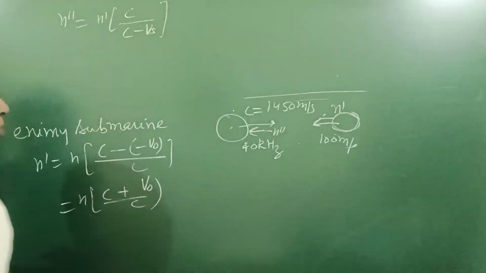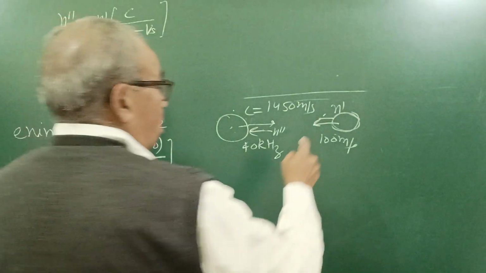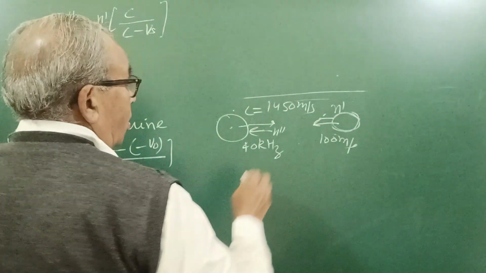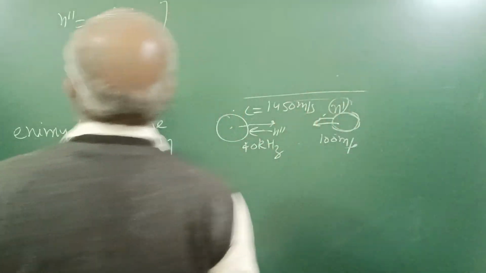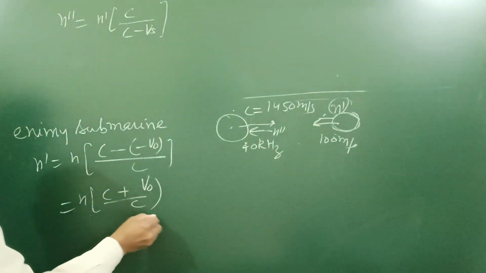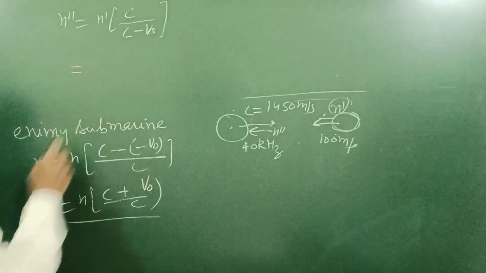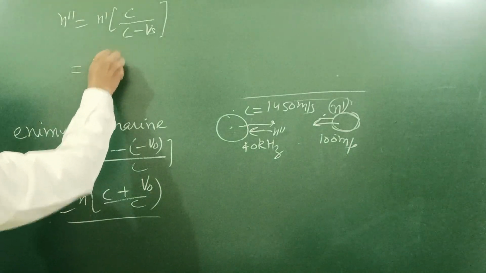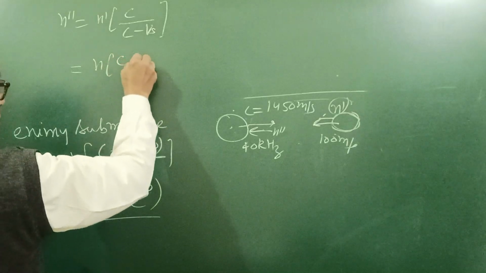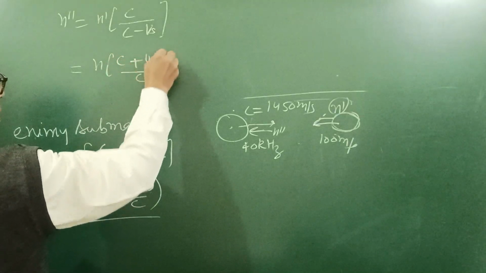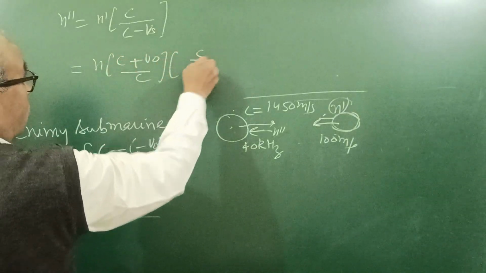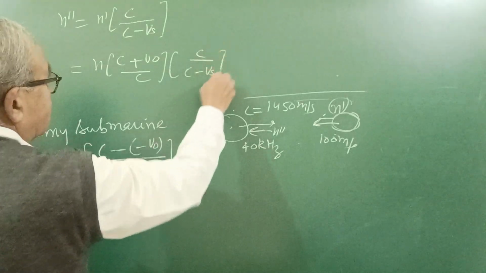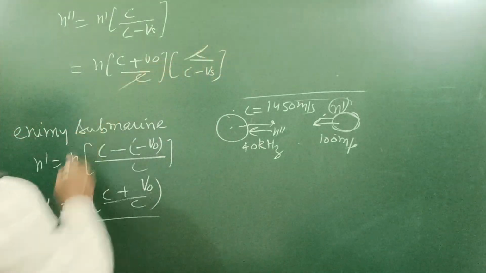The enemy submarine now behaves like a moving source of sound, emitting frequency n'. Using this value of n', here we get n into C plus VO upon C, into C upon C minus Vs. This C cancelled.